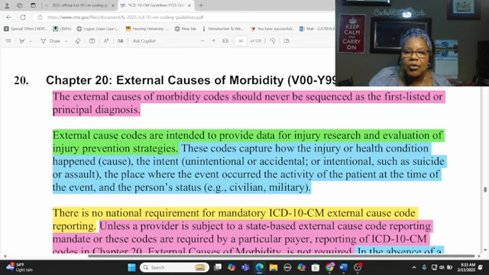Then it says external cause codes are intended to provide data for injury research and evaluation of injury prevention strategies. I can remember when four-wheelers or ATVs first came out, and we had so many young children under the age of 3 coming in due to death or severe injuries because of ATVs or four-wheelers.